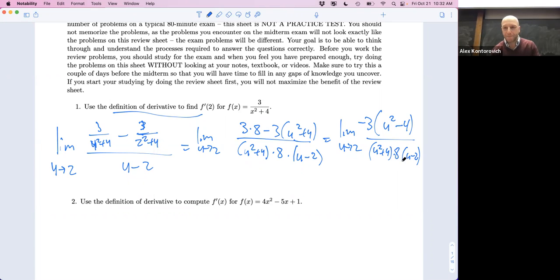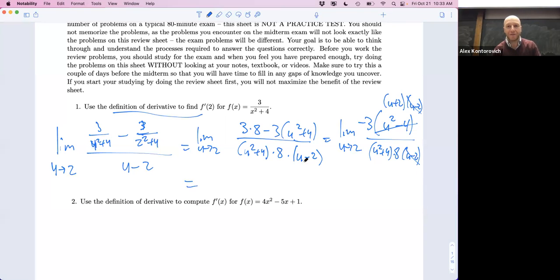U squared minus 4, I can write as U plus 2 times U minus 2. It's a difference of squares. The U minus 2s on top and bottom cancel. That's exactly the point. Now I should not get 0 on top or bottom if I've done things correctly.